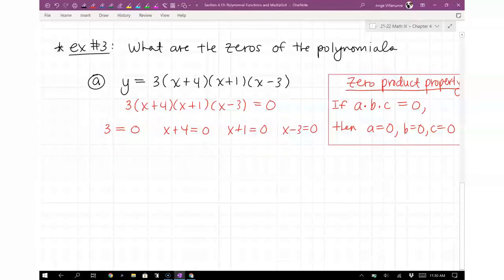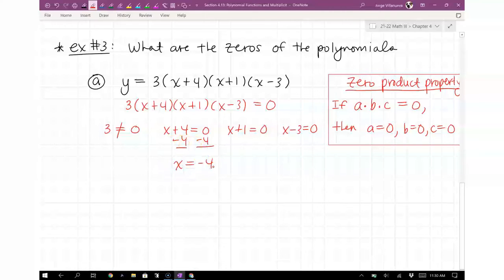Now, can 3 be equal to 0? I mean, is 3 equal to 0? No, right? So that's not true. What's my answer for x plus 4 equals 0? What's x equal to? Like, what do I have to do to both sides? All right, so subtract 4 on both sides. So x is negative 4.